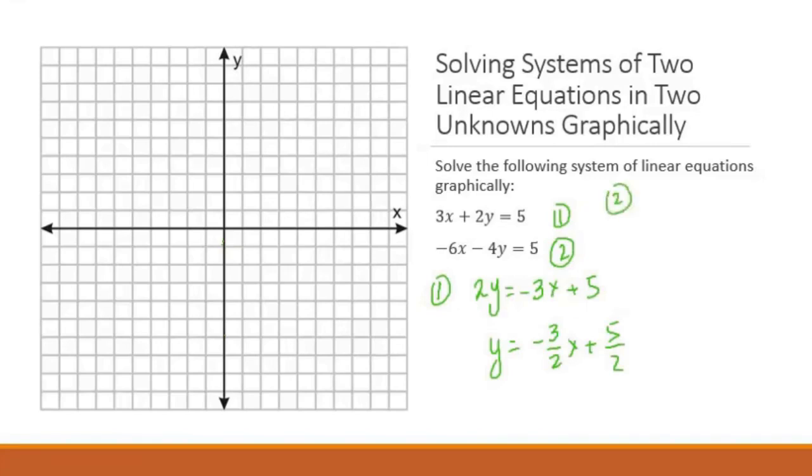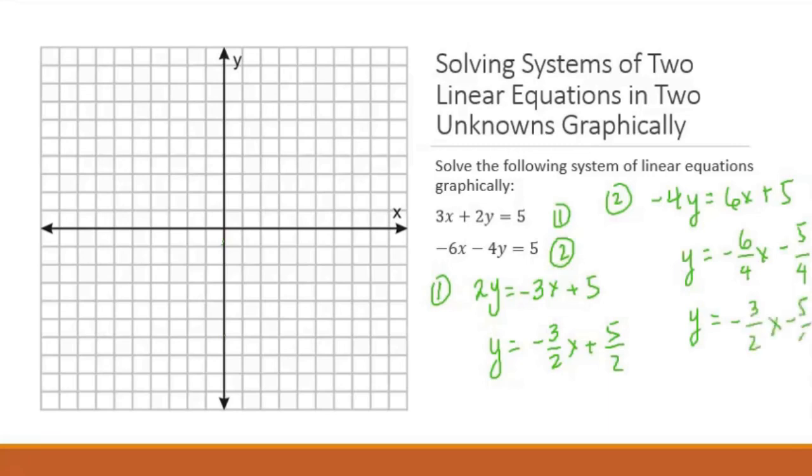For the second equation, I have -4y is equal to 6x plus 5. Dividing through by -4 this time gives me y is equal to -6 over 4x minus 5 over 4. Simplifying gives me -3 over 2x minus 5 over 4.